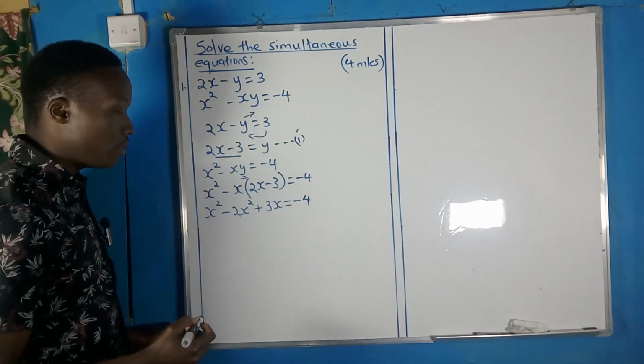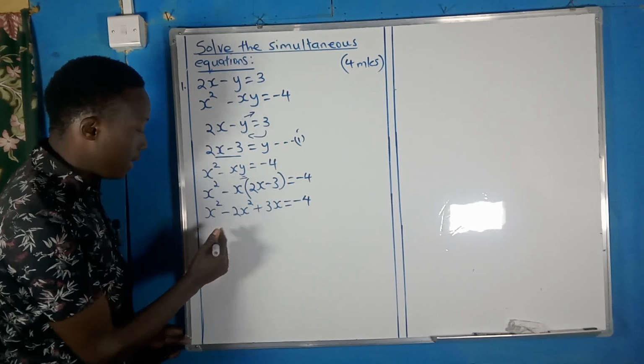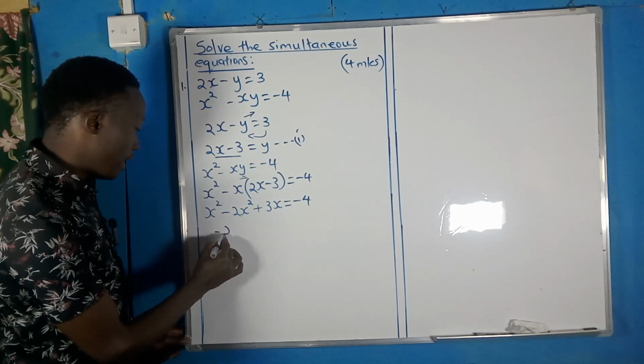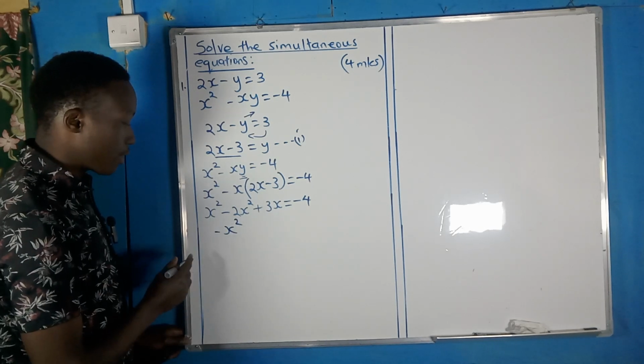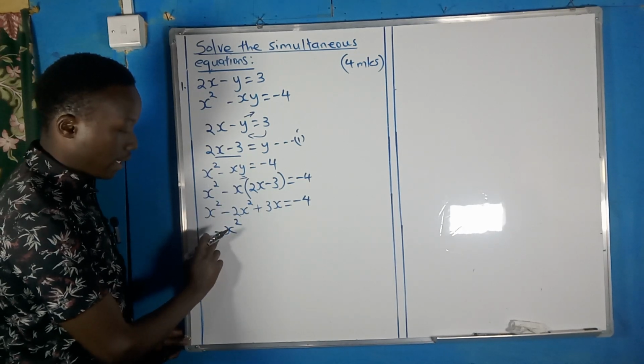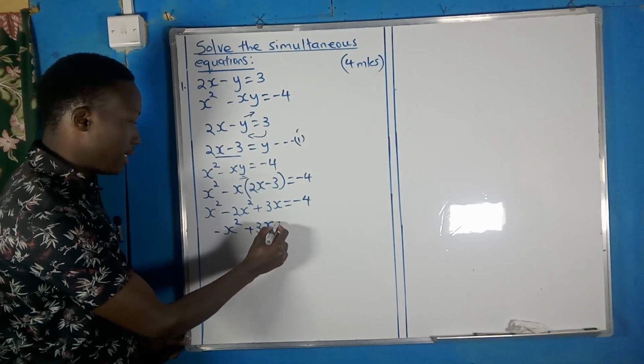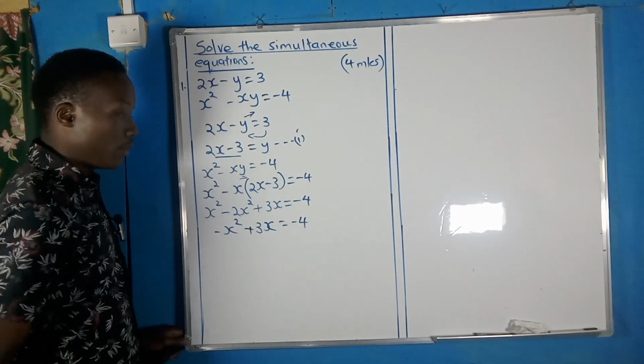By doing that, we can put our like terms together. x squared minus 2x squared will give us negative x squared, because this is a coefficient of 1. 1 minus 2 is equal to negative 1, plus 3x is equal to negative 4.